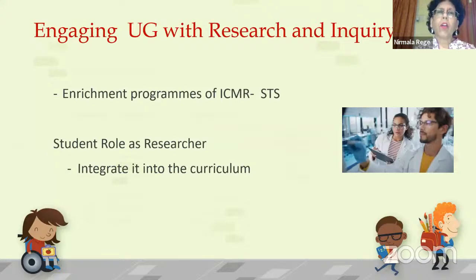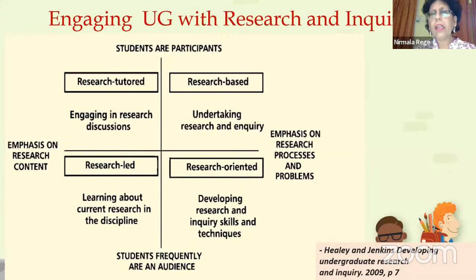And when we are talking about that, I came across a reference which is an old one, 2009, from the United Kingdom, but it is a very beautiful reference. This particular reference also tells you another model of partnership, related to research. Now you can see here there are two axes, horizontal and vertical.